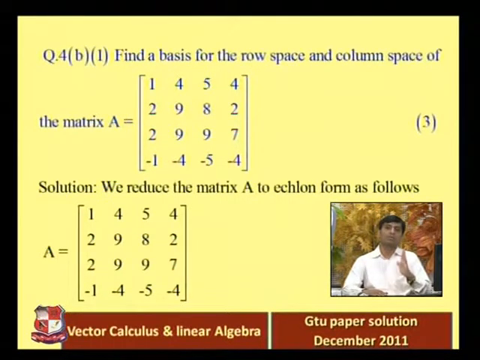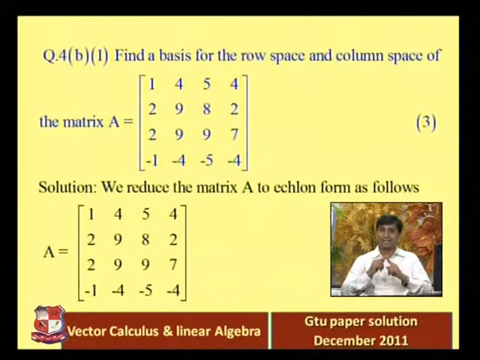Suppose we have leading entries in the first column, third column and fourth column. Then, corresponding to the first, third and fourth columns, take the first, third and fourth columns from the matrix A. Those three column vectors are exactly the basis for the column space of matrix A.